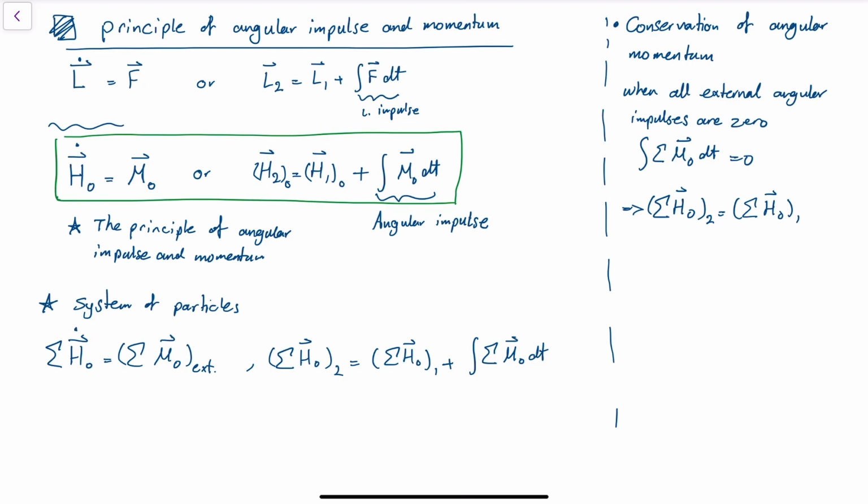So distances become smaller. There is no external moment, external impulse on them. So as they reduce the distance, it means the speed must increase, and they spin faster and faster. The total angular momentum remains conserved, and that leads to a change in the spin of the figure skater.